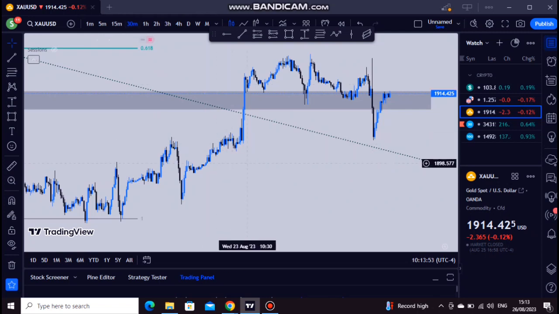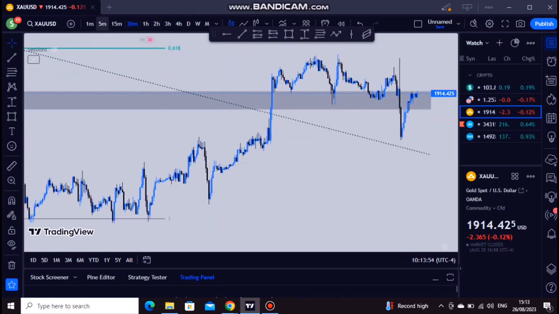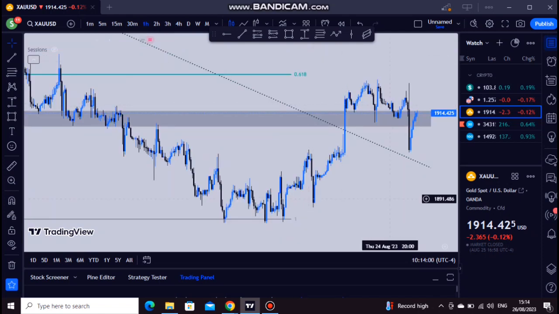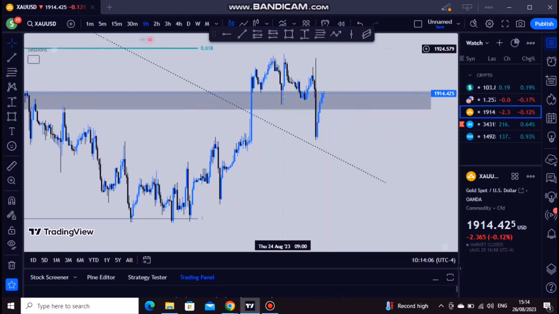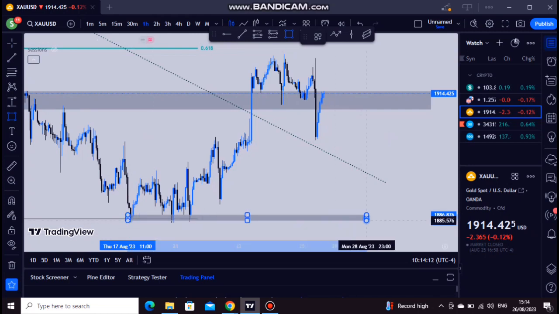And let's go to the 30 minutes time frame. On this 1 hour alone, we are going to draw our counter trend line. It's going to be drawn from this level. We have a very nice support area around this point too.